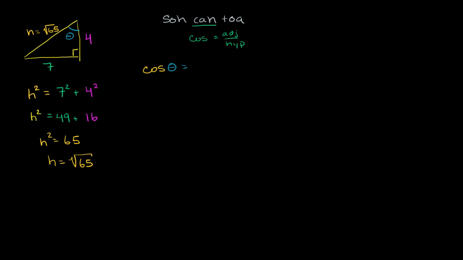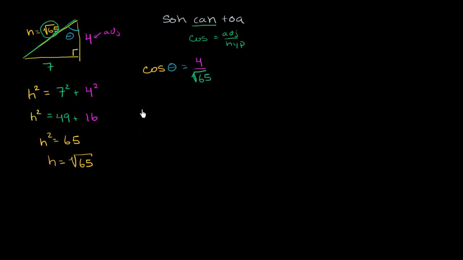Well, we know that the hypotenuse is this side over here, so it can't be that side. The only other side that's adjacent to it, that isn't the hypotenuse, is this 4. It's literally right next to the angle. It's one of the sides that forms the angle. It's 4 over the hypotenuse. The hypotenuse, we already know, is the square root of 65. So it's 4 over the square root of 65.